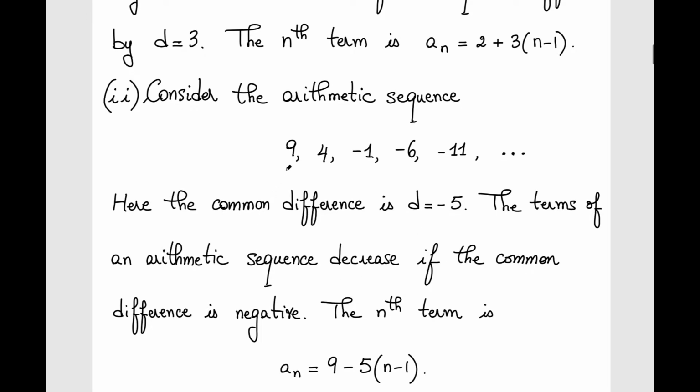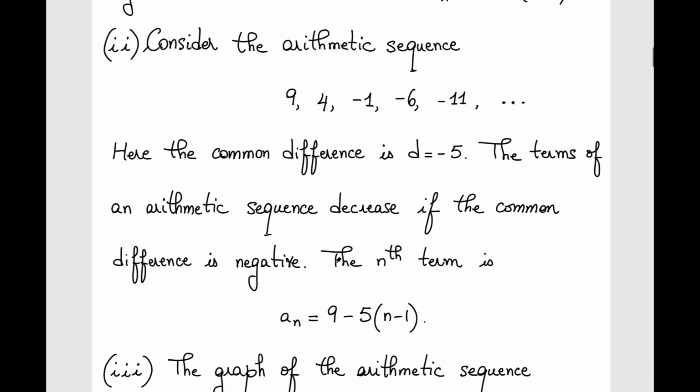Because we are chipping away a certain number of units from one term to the next. All right, so for this sequence, the nth term would be the first term, which is 9, plus n minus 1 times d, but d is negative 5 here, so it would be 9 minus 5 times n minus 1.